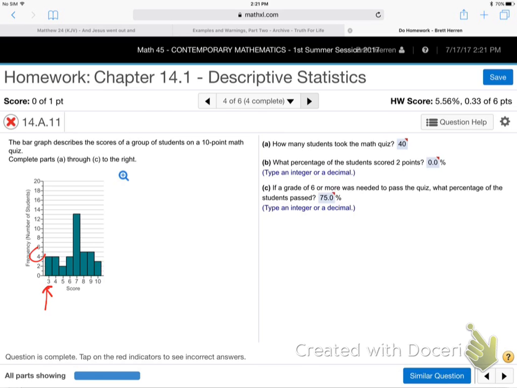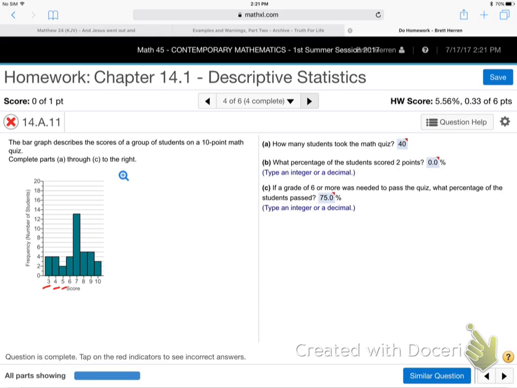Yeah, 4 people got a 3, 4 people got a 4. 2 people got a score of 5. I'm just looking at the bars and how high up they go. So 3, 4, 5, right, 2 people got a 5, etc. That makes sense what that bar graph is saying?